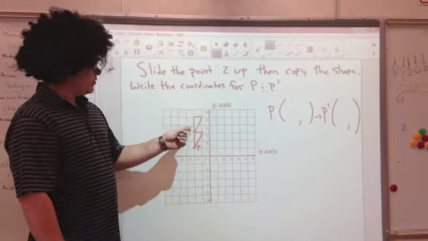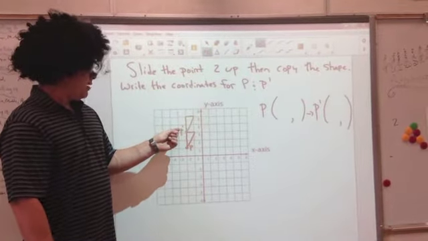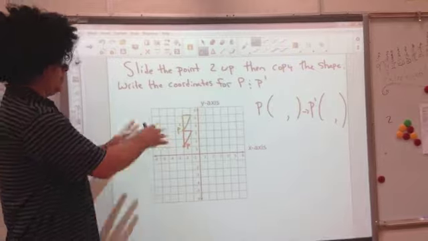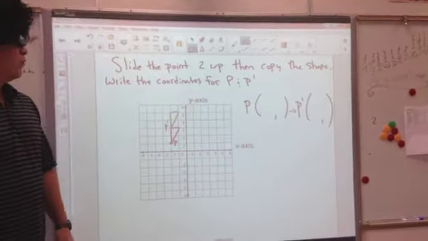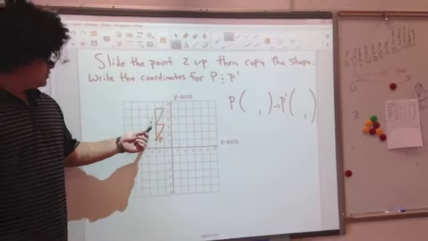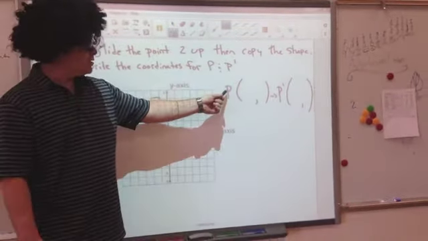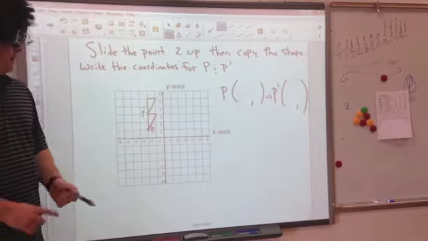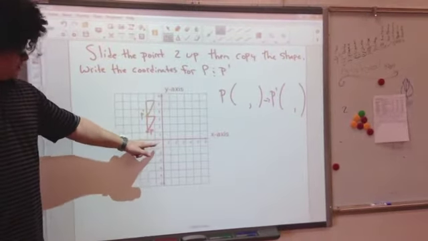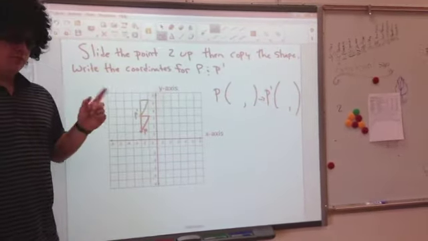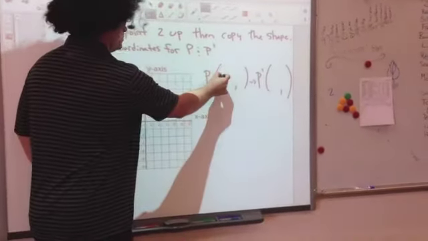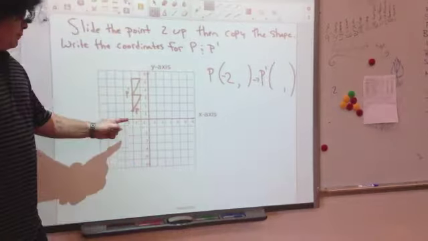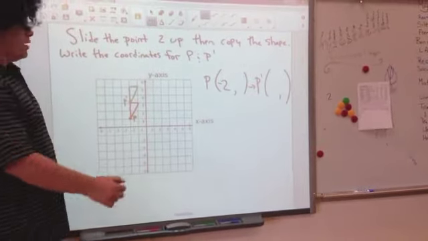Okay, so what we've done is we've drawn a new shape, put our prime there. So now I have to take that information and put it into coordinate or ordered pairs. So the original P, which is this letter right here, that point, its position was, remember we go X first because X comes first in the alphabet, it was -2, and its Y position was at 1.